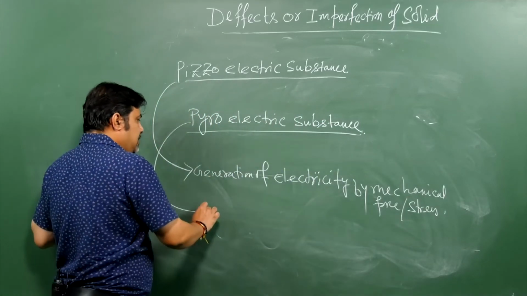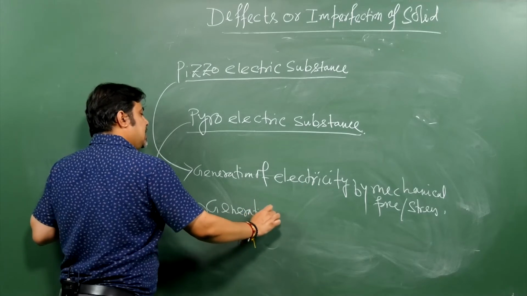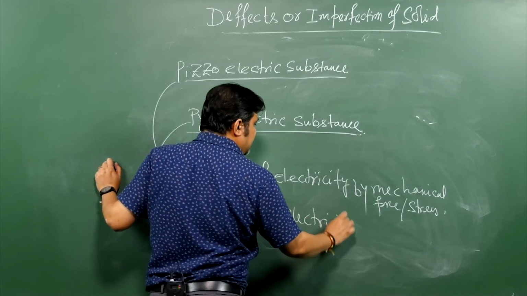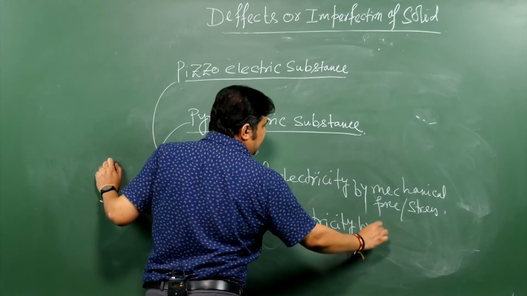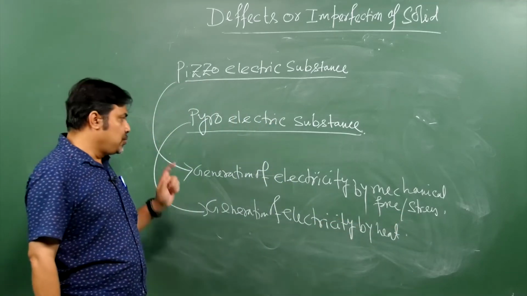And pyro means generation of electricity in an ionic solid by applying heat. That is called a pyroelectric substance. So these two things you have to understand.